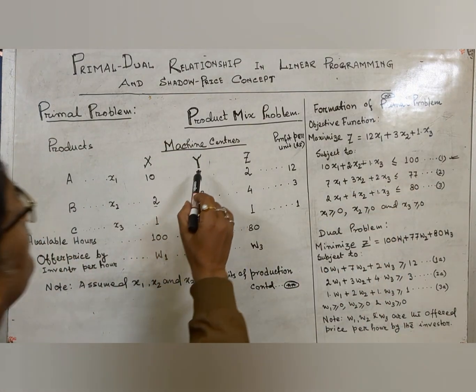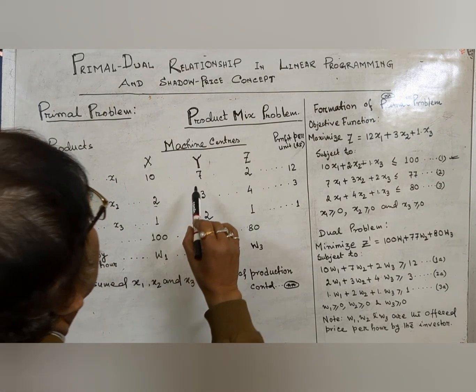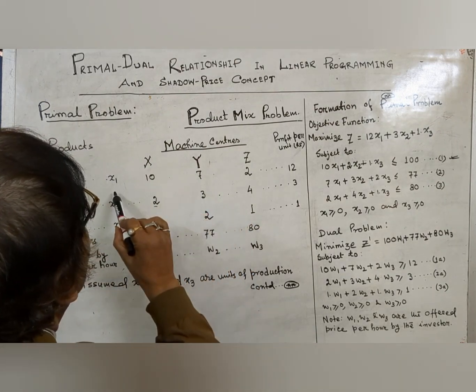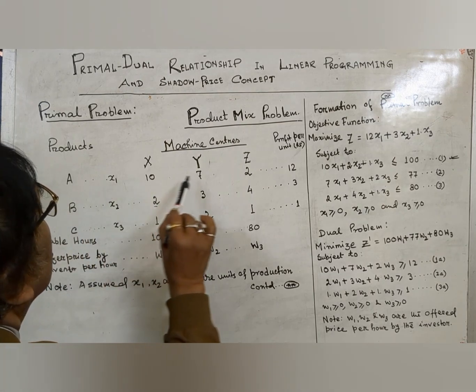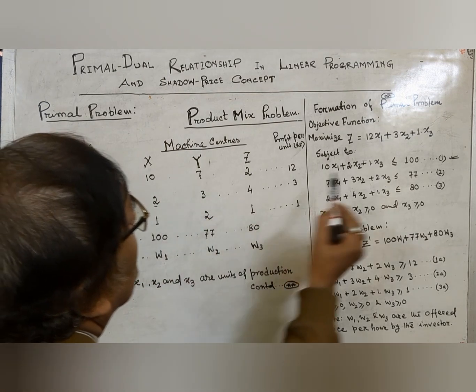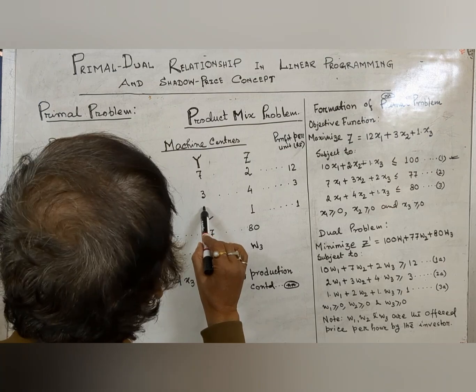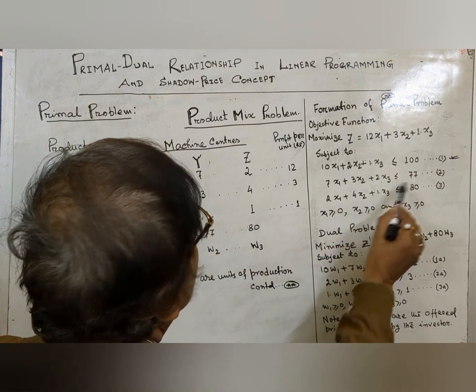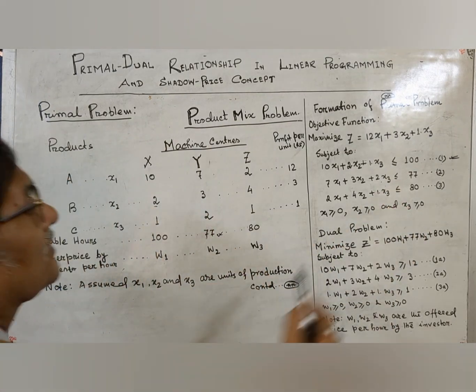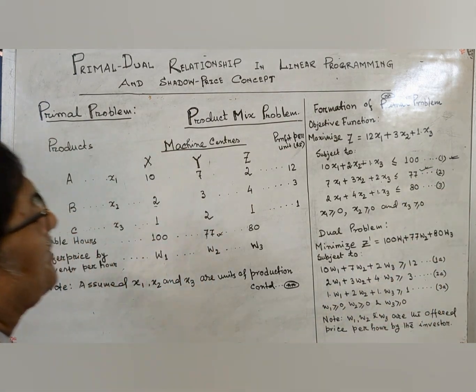Similarly, for the polishing center, per unit production of A needs 7 hours, so x1 units need 7 into x1, plus 3 into x2, plus 2 into x3, less than or equal to 77 hours. This is your second constraint.